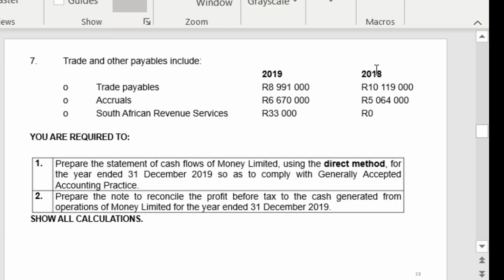10 million, 119,000, 2018, 2019, 8,991,000. When we look at accruals, it was 5,064,000 and now 6,670,000. We can agree that it has increased.